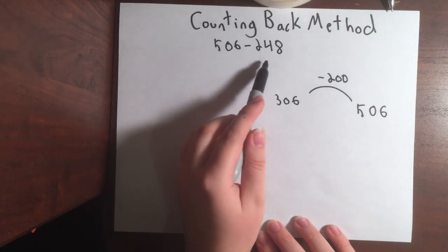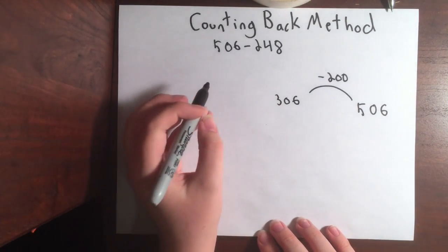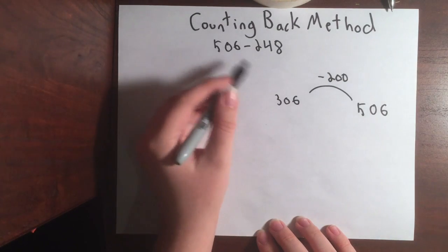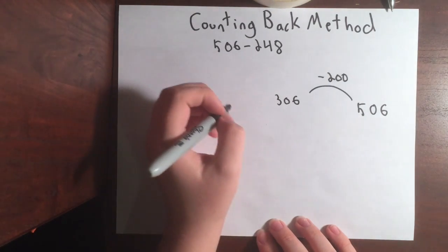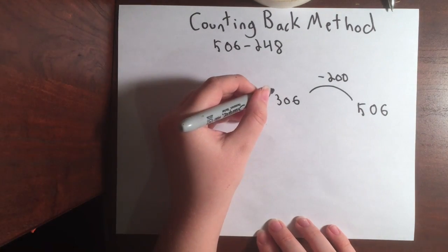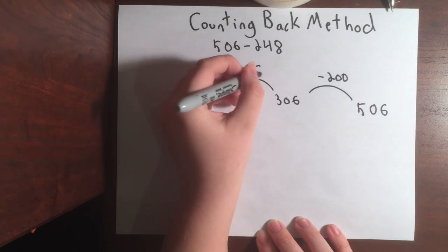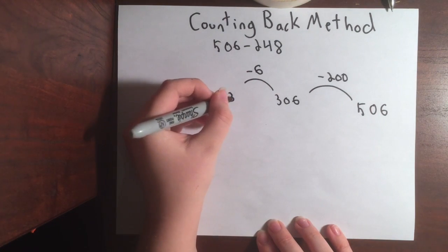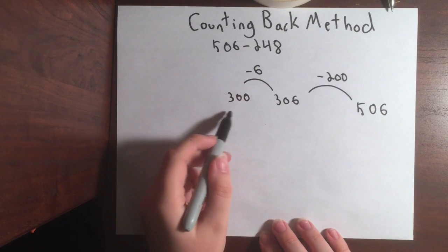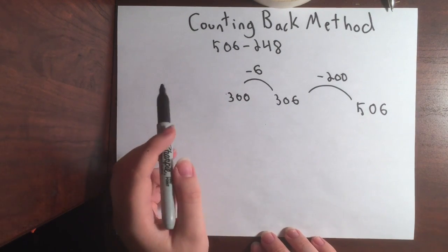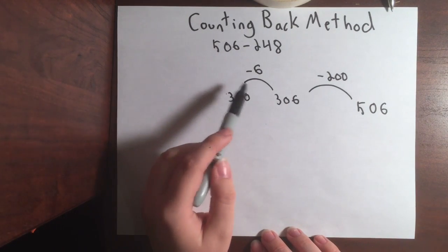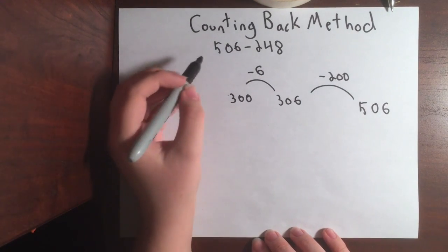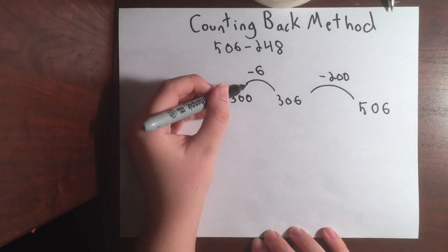Now we're a lot closer to 248 than we were when we began. Now let's take away our 6 here, so we have an easier number to work with altogether. Now we're at 300, which is an easy number to work with. Now we can take away 50 to get even closer to our subtrahend.